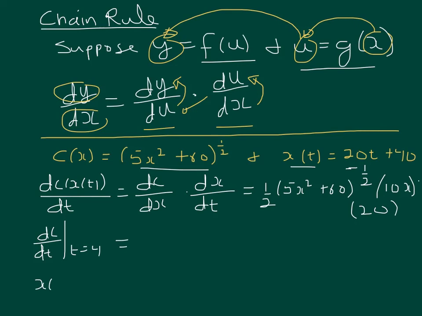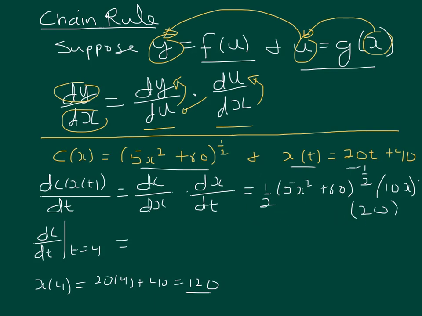So x at 4 is given by applying it to this formula, which is simply 20 times 4 plus 40, which is 120. So now the next step involves plugging in 120 for any x we see in this expression.